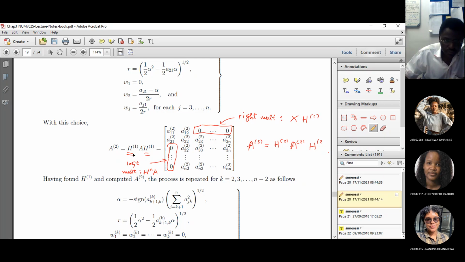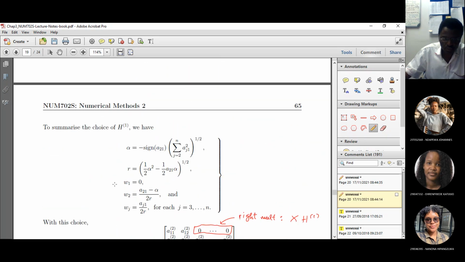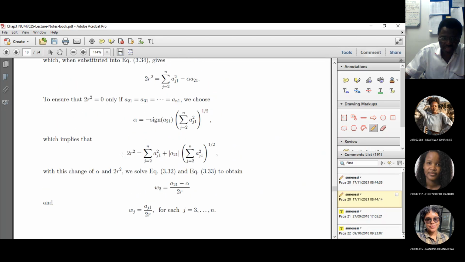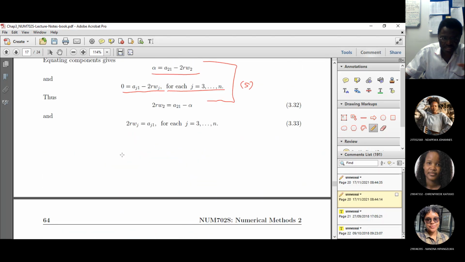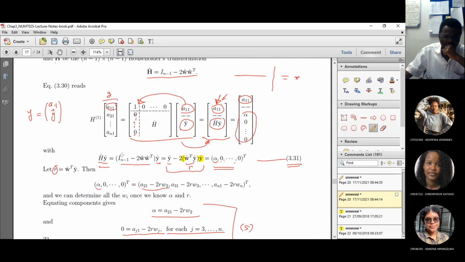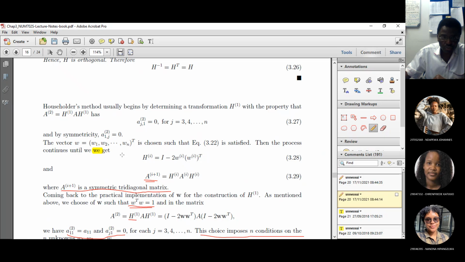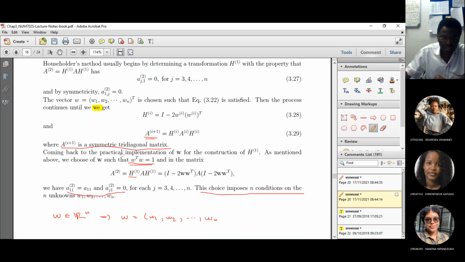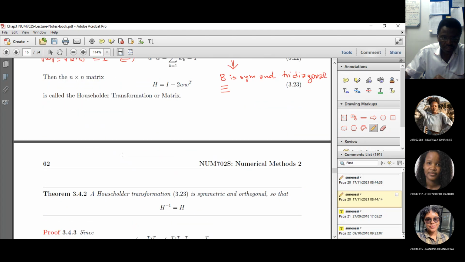Good. So we compute H1. And for that, we just need W, because remember that the knowledge of H is determined by the knowledge of W, right? Remember that the H matrix is identity minus 2 W W transpose. This is where we define H here.